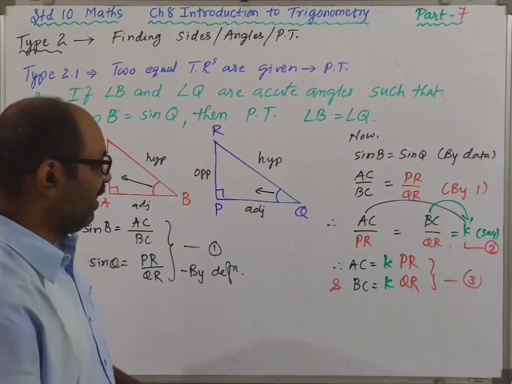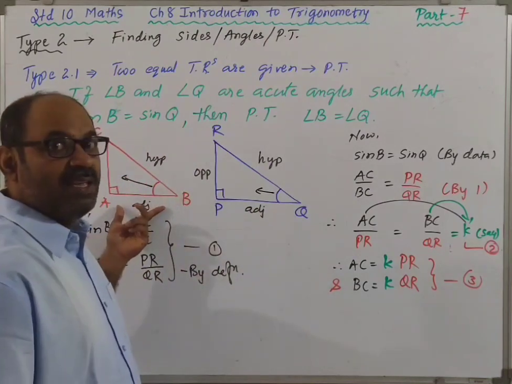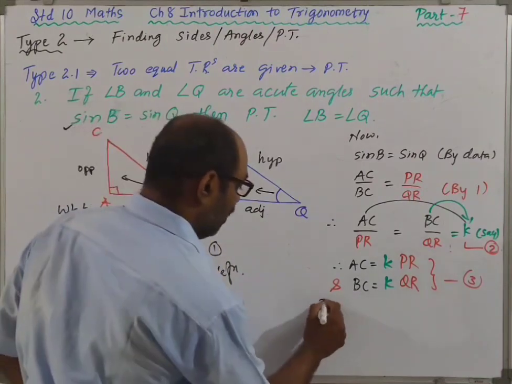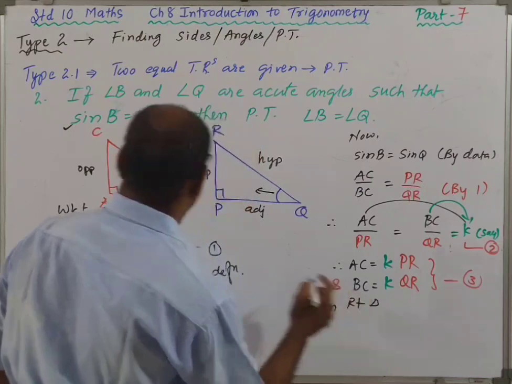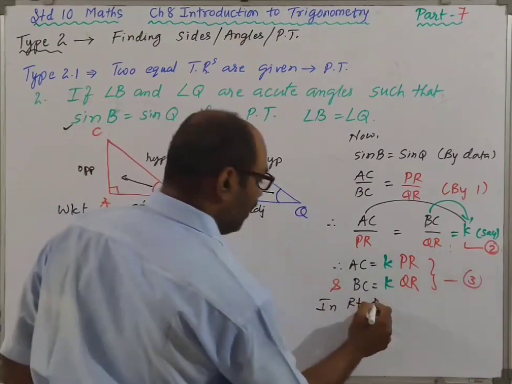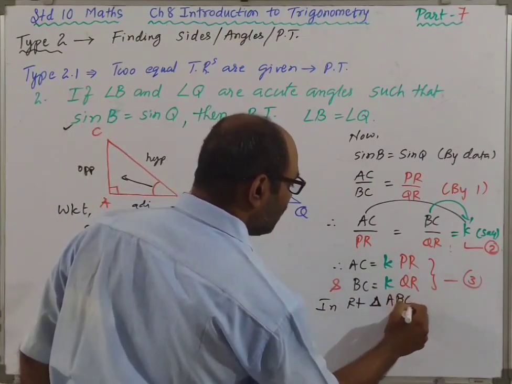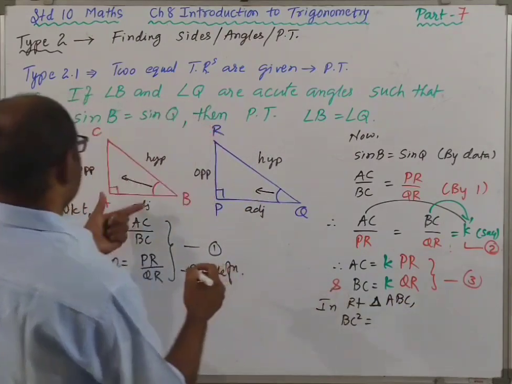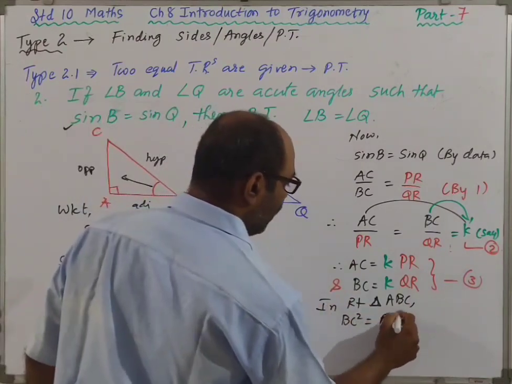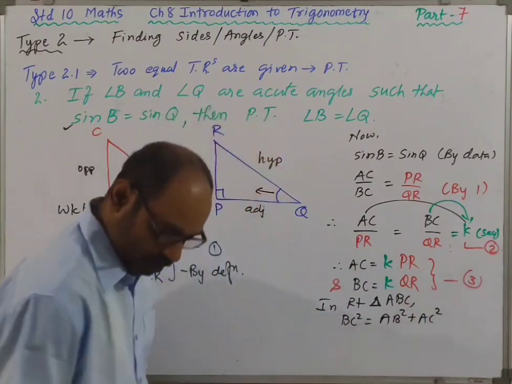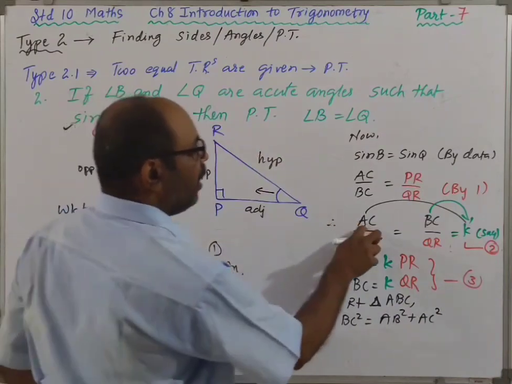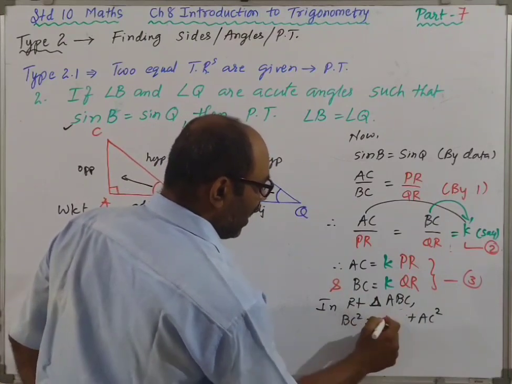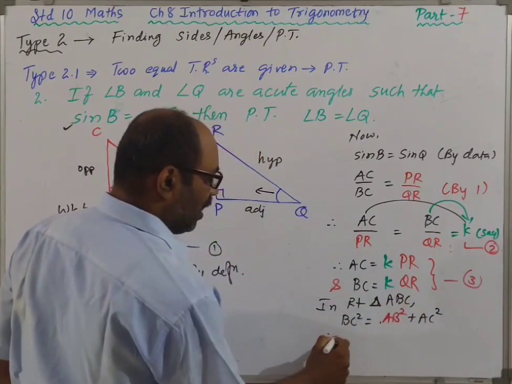Now let us find out AB using Pythagoras theorem. In right triangle ABC, BC square is equal to AB square plus AC square. Well, AC और BC तो है, लेकिन ये नहीं है, तो make that subject of the formula.